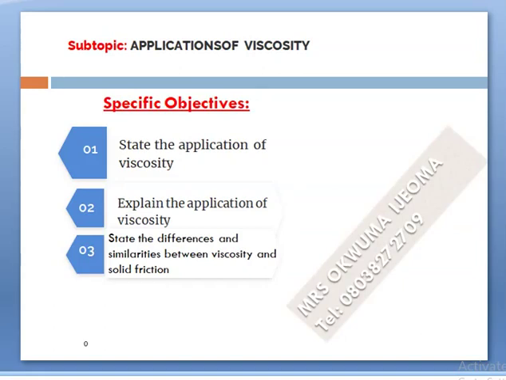Then we equally talked about terminal velocity. We saw the equation on how we achieve terminal velocity. We equally used the motion of a stone in a viscous liquid, whereby we have three forces acting on the stone that is dropped inside a viscous liquid like glycerin. We have the weight of the stone acting downward.